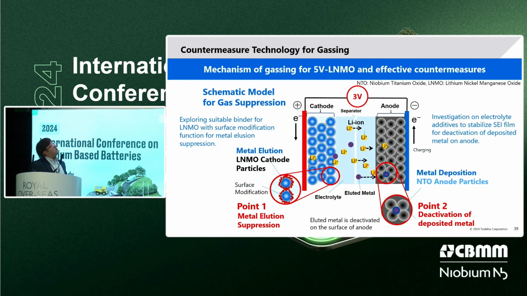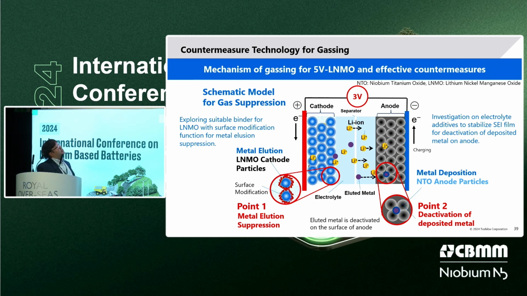Next shows the countermeasure technologies for gassing Toshiba developed. Toshiba found that this gassing is based on two phenomena. One is metal elution from LNMO cathode particles, and the other is metal deposition on the NTO anode material. So we explored a suitable binder for the LNMO with a surface modification function for metal elution suppression.